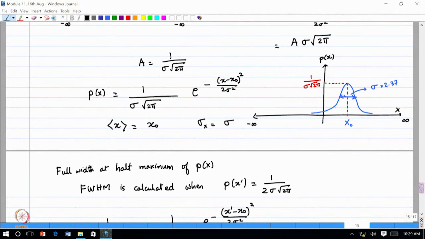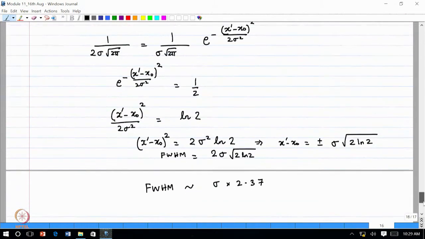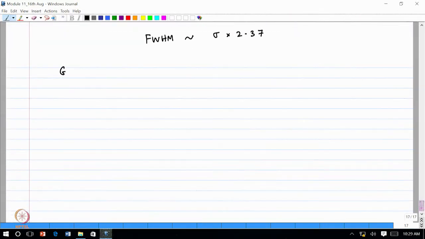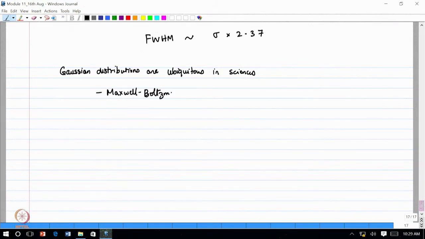So sigma measures the spread of this distribution. Gaussian distributions are ubiquitous, that means you see them everywhere in the sciences. An example is the Maxwell-Boltzmann distribution of velocities.